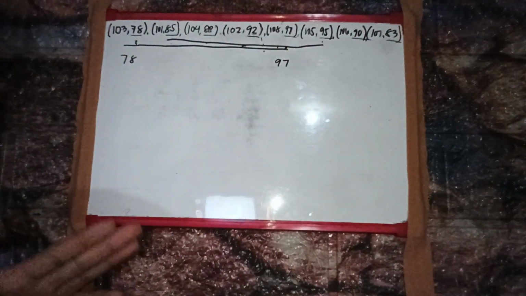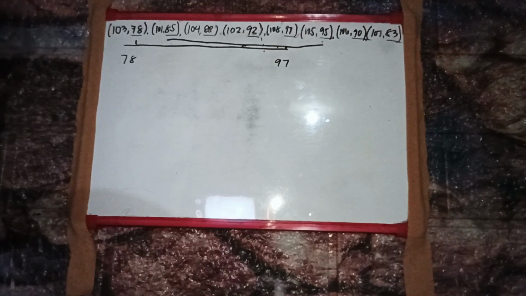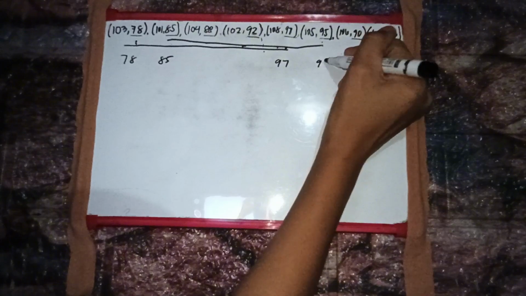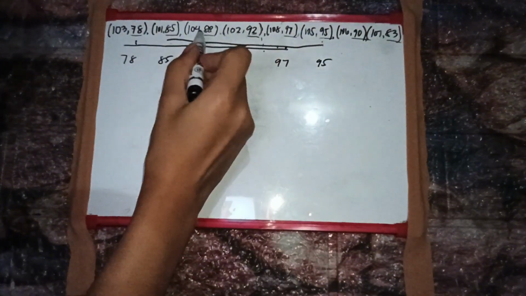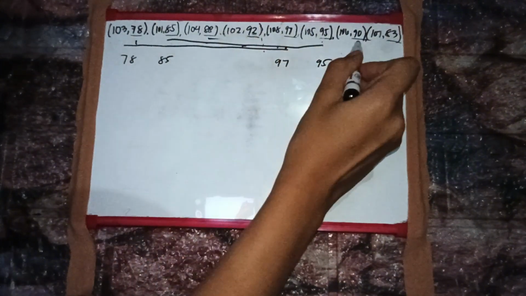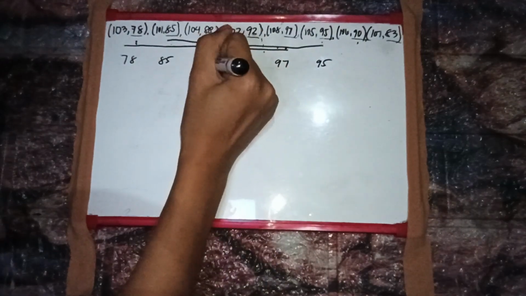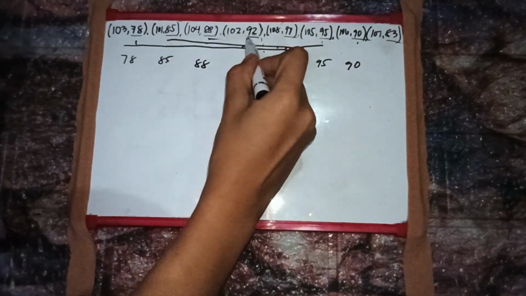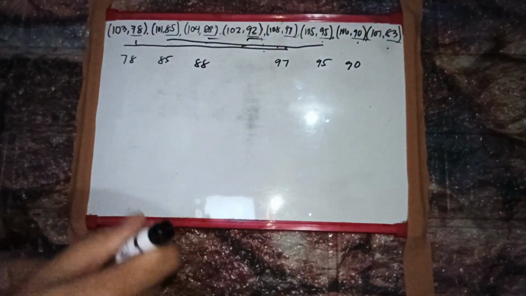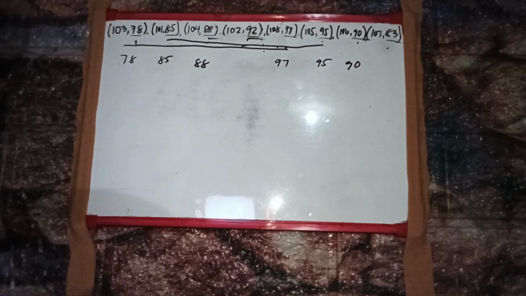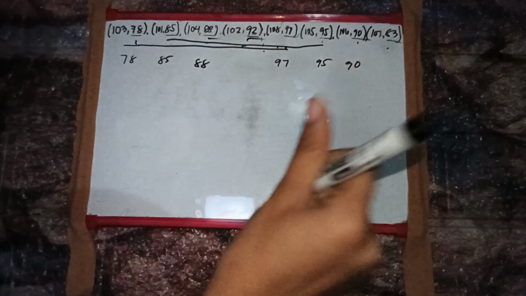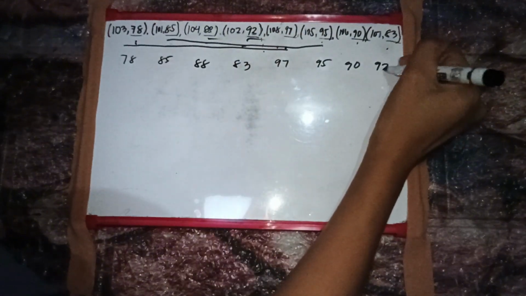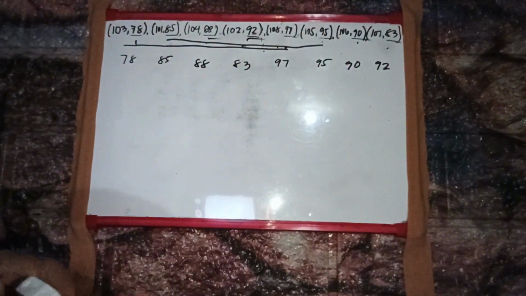Since 85 is smaller than 95, we write it as is again. Compare 88 to 90, and compare 92 to 83. Since 92 is greater than 83, we're going to switch them. Now 83 is here and 92 is here.